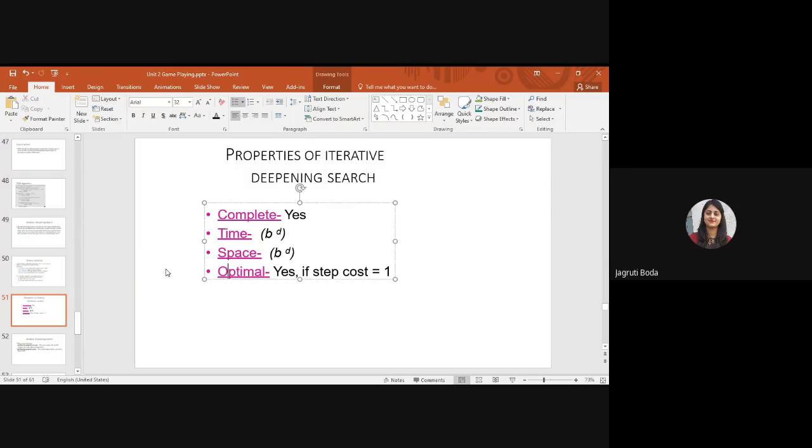In finding the shortest path in maps or trees with weighted branches, it might not provide the optimal solution because we have different weights for different branches. Because we do not have a uniform cost, it does not provide the optimal answer. But mostly, if you have a uniform cost, then it provides the optimal answer.